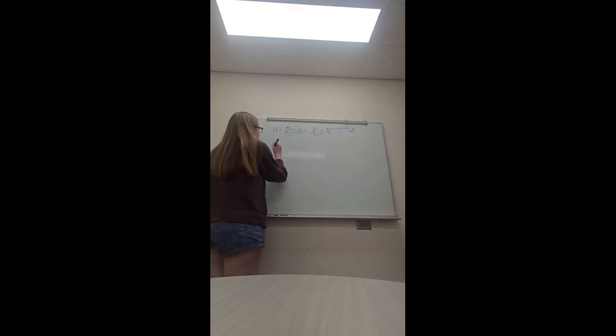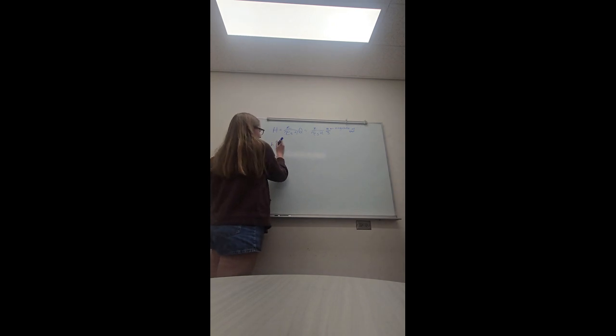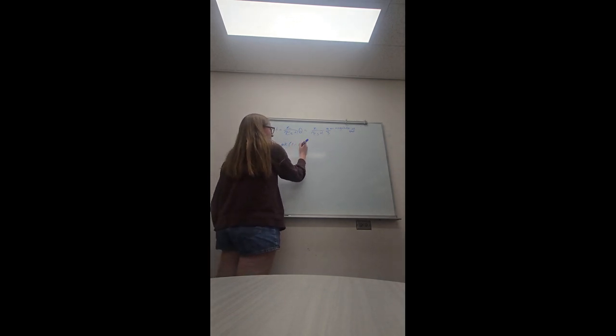So we can write this as h prime is equal to AK times 1 minus e to the negative t over tau.